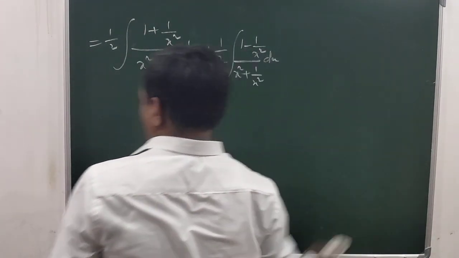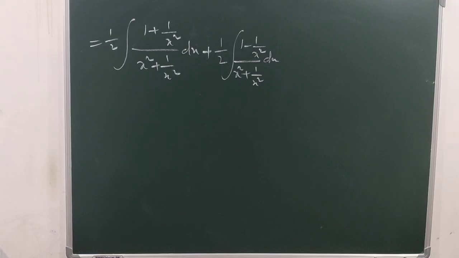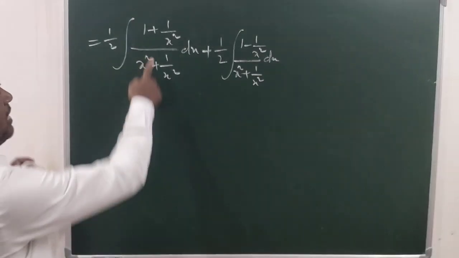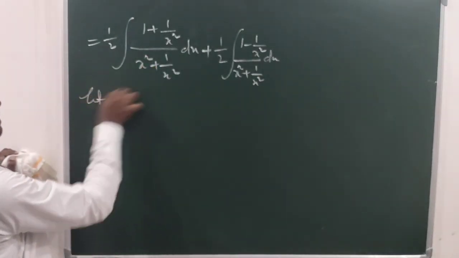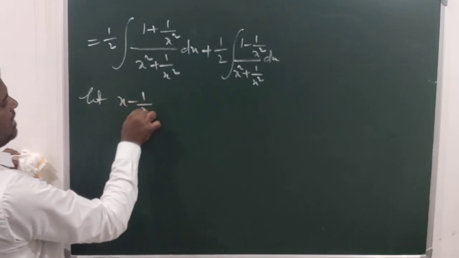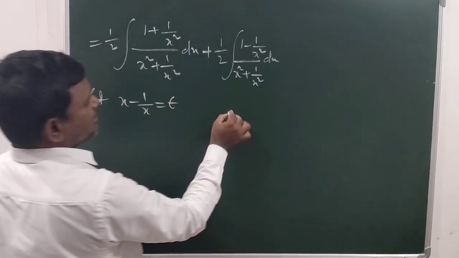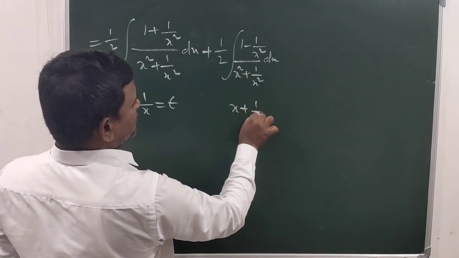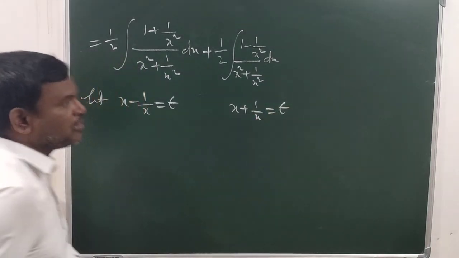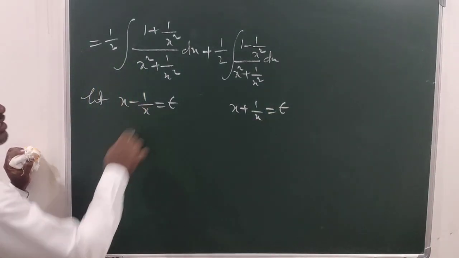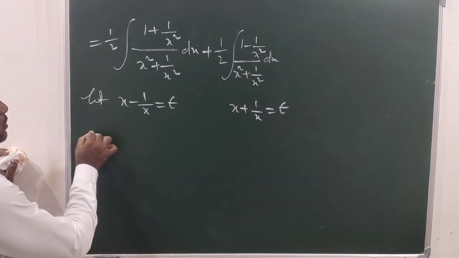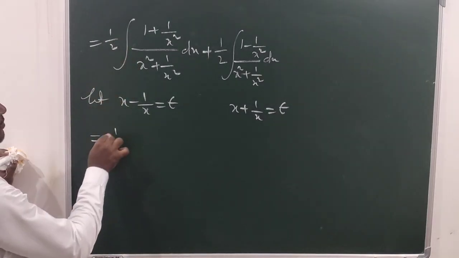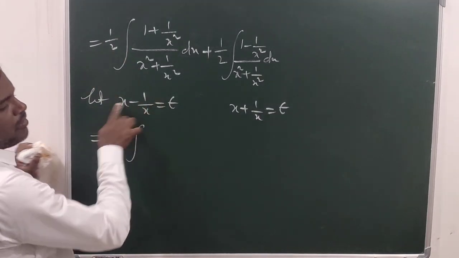Okay students, now evaluate it. So what you have to take here? What is the substitution for this? x minus 1 by x equal to t. For this, x plus 1 by x equal to t. Yes, go for the derivative on both sides. So that what do you get in the numerator? 1 by 2.